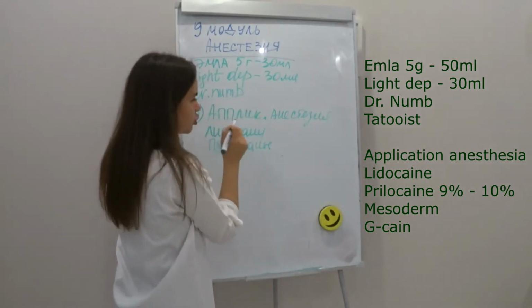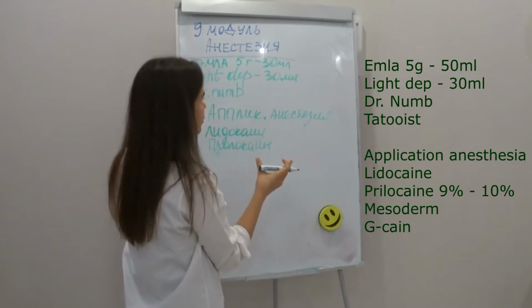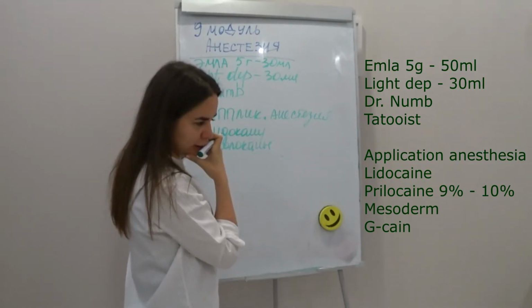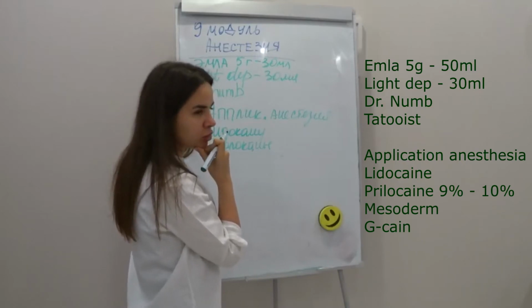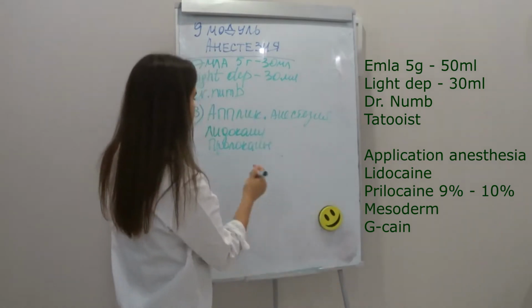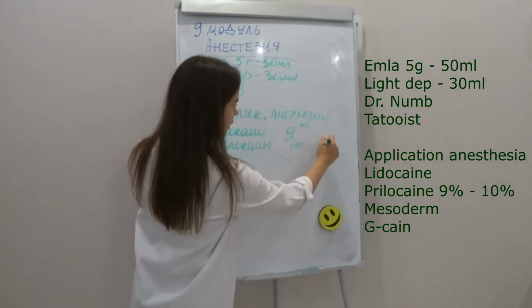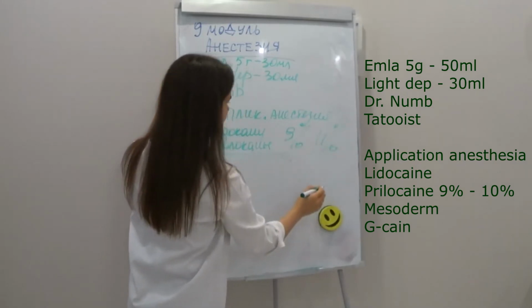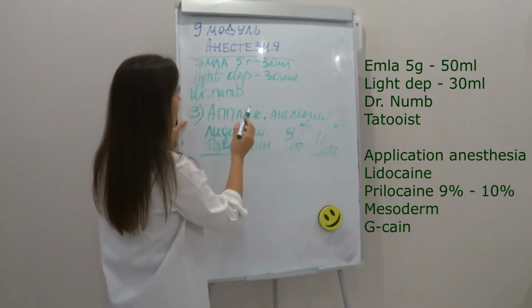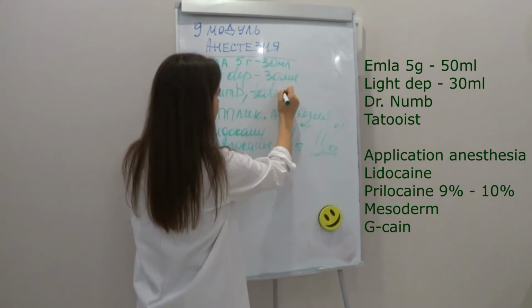I am writing you a list so that you can find this or that product in your country, in your region, in your town, because we have girls from distant corners who want to work but cannot find products. There is either 9 or 11% lidocaine in them. Accordingly, they will be weaker and stronger.